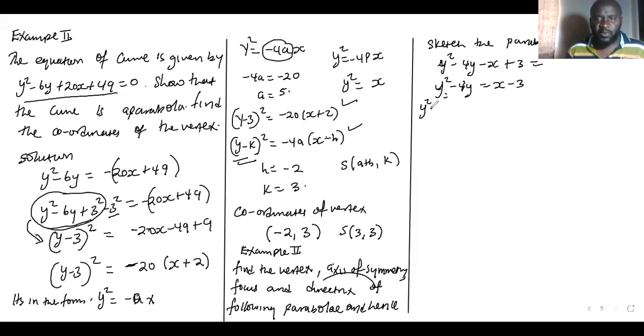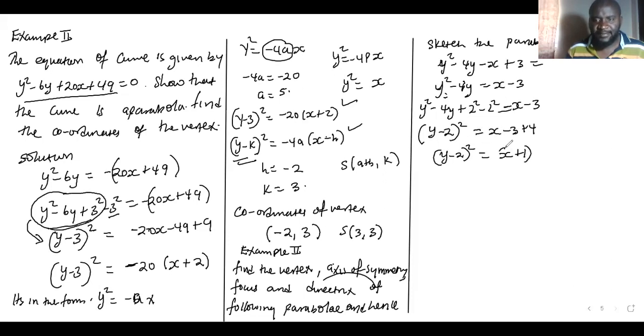Completing squares, y squared minus 4y plus 2 squared minus 2 squared is equal to x minus 3. So y minus 2 squared is equal to x minus 3 plus 4. So y minus 2 squared is equal to x plus 1.